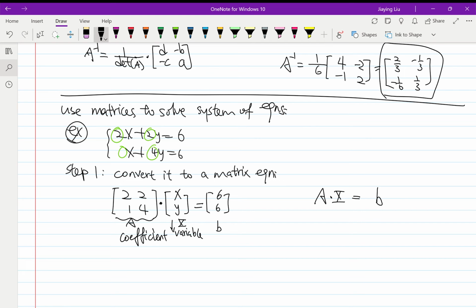Okay, how do we solve for x, y? How do we find this matrix X? Well, we can solve for it if we can eliminate A, right? To eliminate A there, we can multiply by the inverse of A on the left-hand side. Because A inverse times A is the identity, we get rid of A and that gives us X. If we multiply on the left side, we have to multiply the right side of the equation as well.